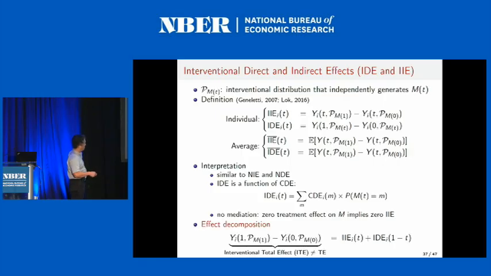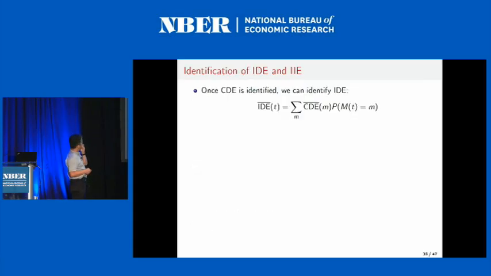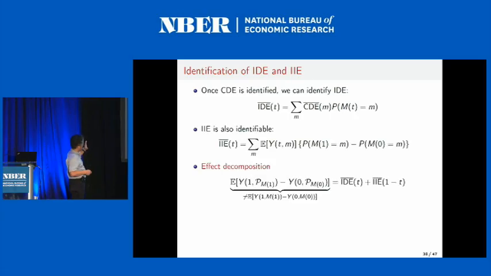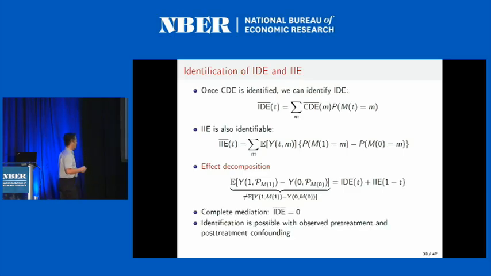And the decomposition also works, although this total effect is not the usual average treatment effect. It's a total effect in the sense that treatment is 1, and the distribution of M1 is the same as what you get under the intervention. But who gets which value is completely random. Just the distribution of it. I'm going to skip this, but you can identify it as long as the controlled direct effect is identifiable, and you can also identify it in an experiment.